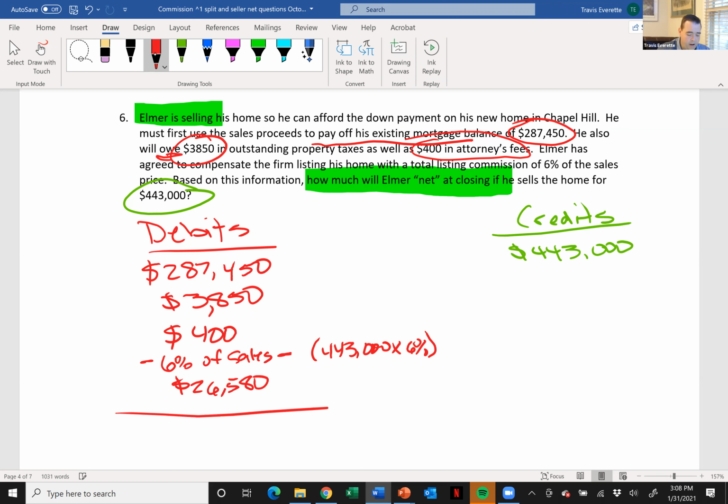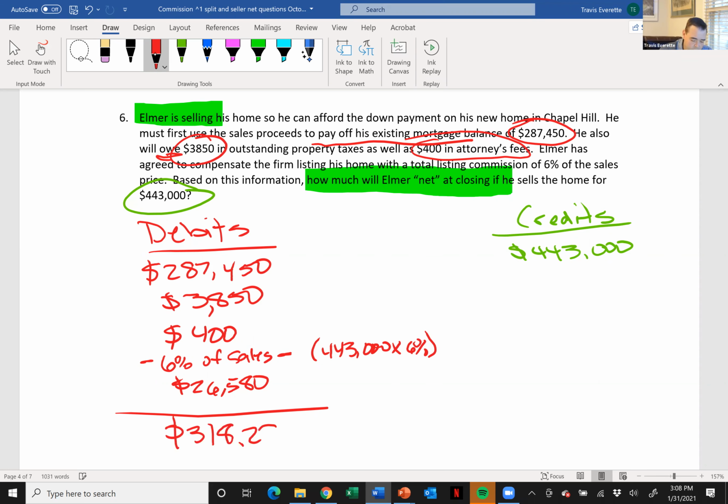And I'm going to add all those up. So 287,450 plus the $3,850 plus the $400 plus the 26,580. I've got 318,280.